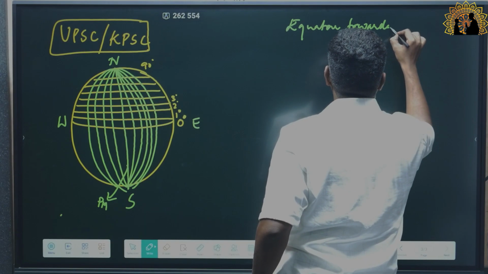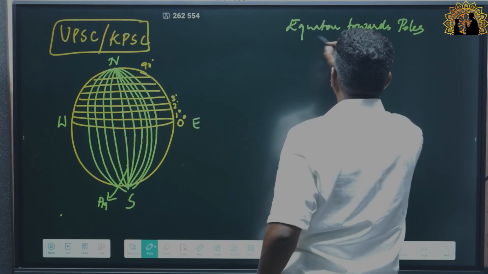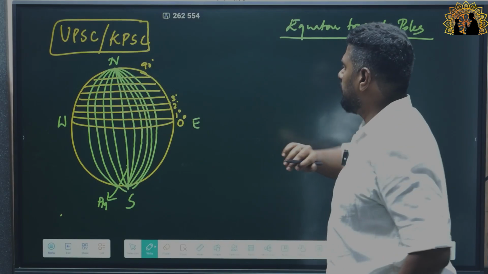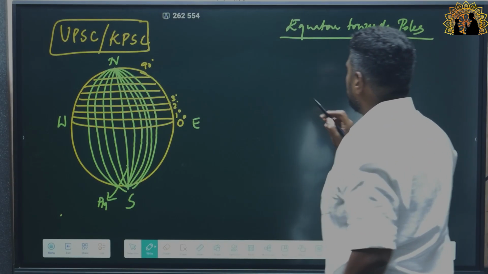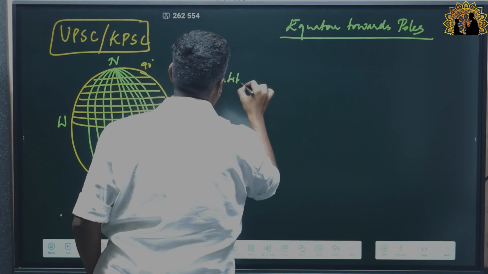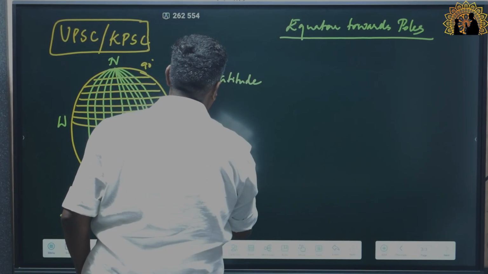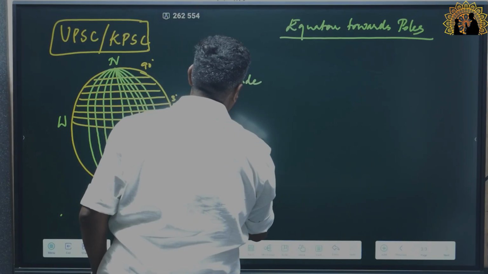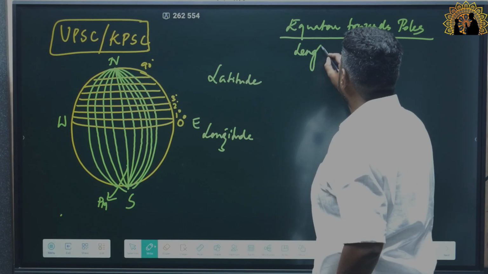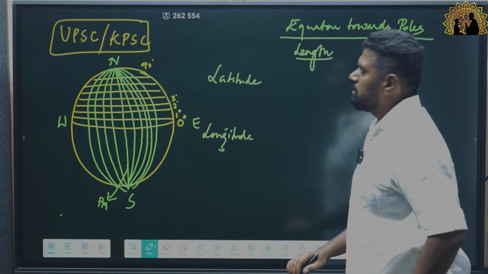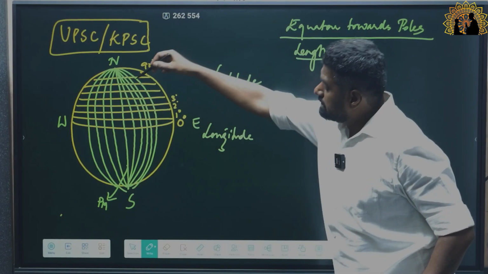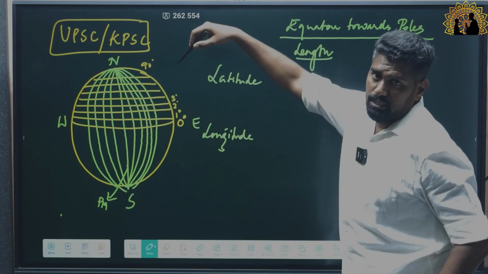Now, if we are going from the equator towards the poles, look at this. If I take latitude and longitude, importantly the length of the latitudes, as we go from the equator towards the poles, is running in a circumferential fashion.